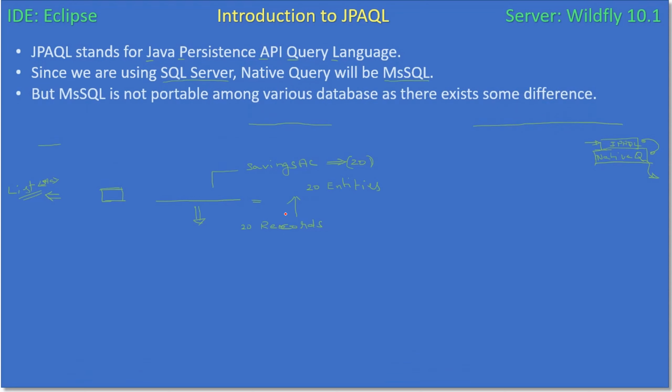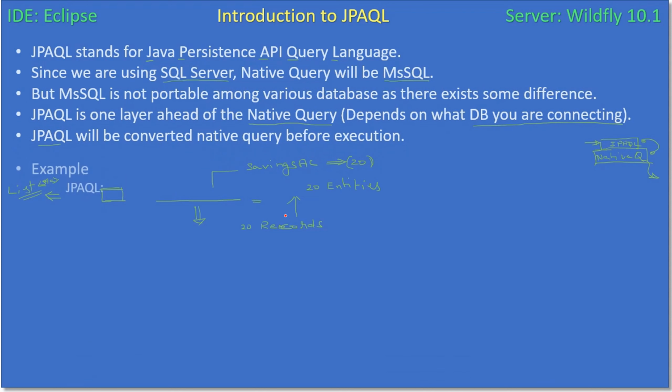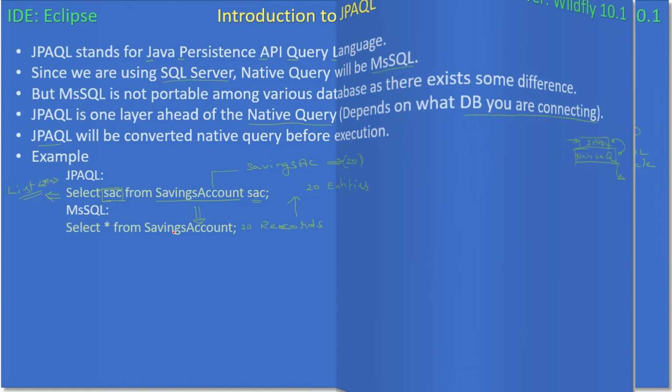So in the first video, we learned about Jpql. So we learned the concepts. Here you can see how the Jpql is transformed into the underlying database query structure. Our underlying database is a MS SQL server, and by this time you are aware of this Jpql. And if you see, this Jpql will get converted into select star from savings account.